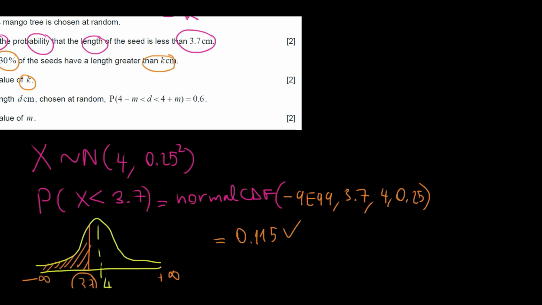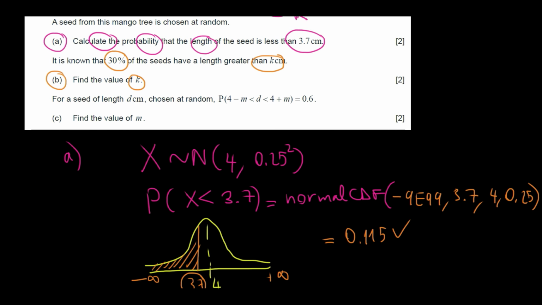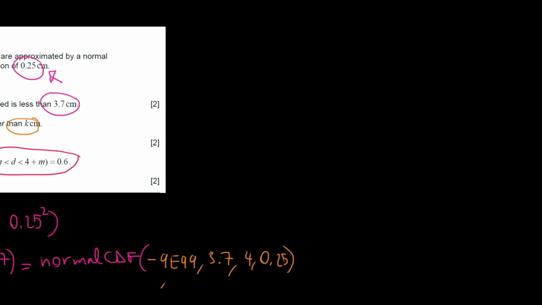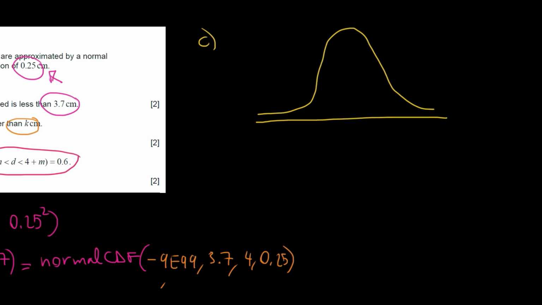Then we go here to question C. For a seed of length d centimeters chosen at random, this condition holds true. Find the value of m. Okay, so I'll just solve it over here. I want to draw this. I will have a certain d that's going to be between two thresholds, 4 minus m.